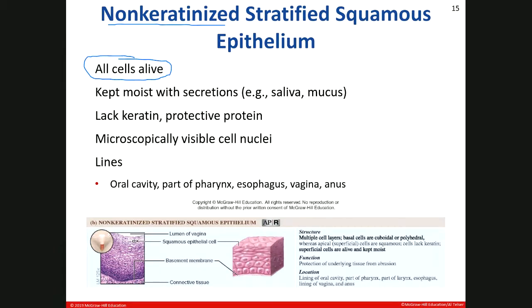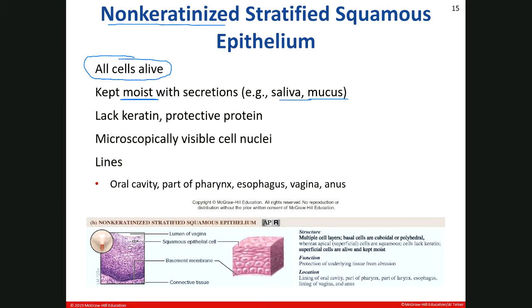Those cells don't make keratin, so they don't kill the cell off. So you're going to find this type of epithelium in moist areas: your mouth, your throat, the anus, the vagina, areas where there's going to be moisture involved, saliva, mucus areas.